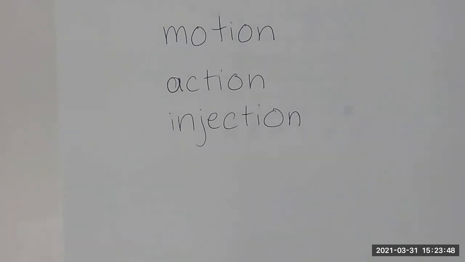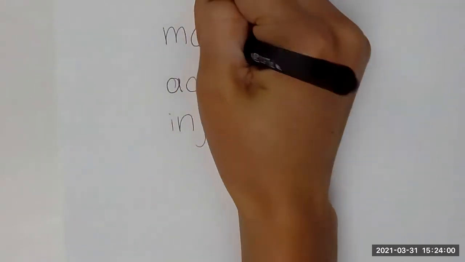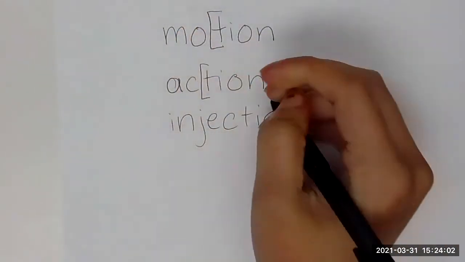How do we code final stable syllables? With brackets. Let's bracket the final stable syllables. Where is the accent on a final stable syllable? Right before the bracket.